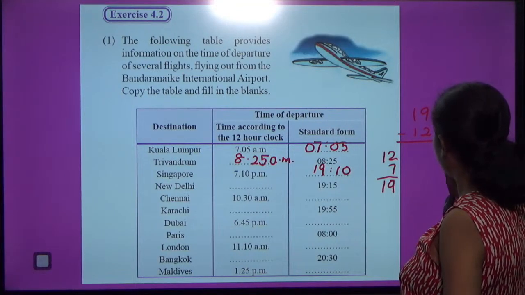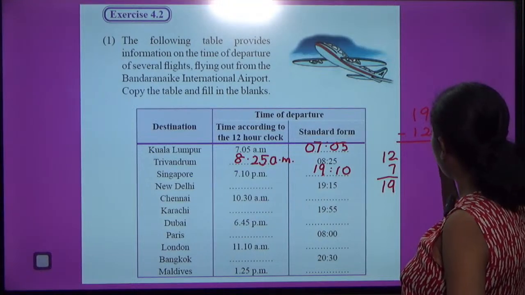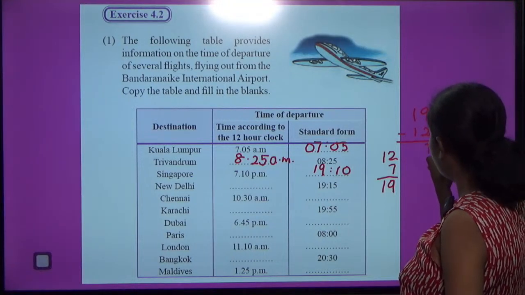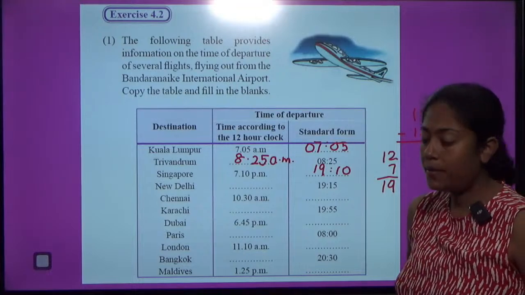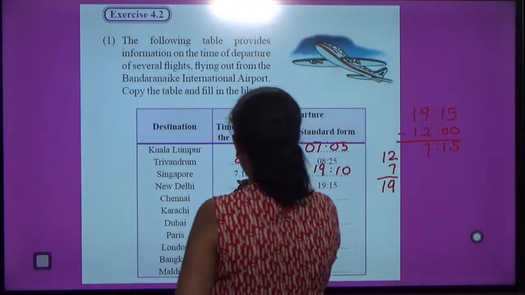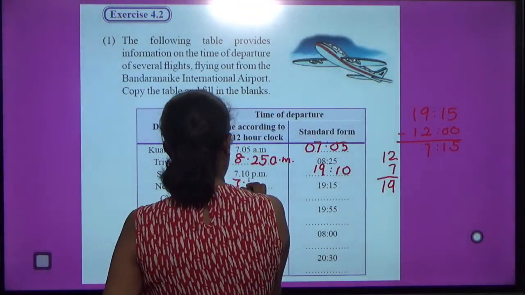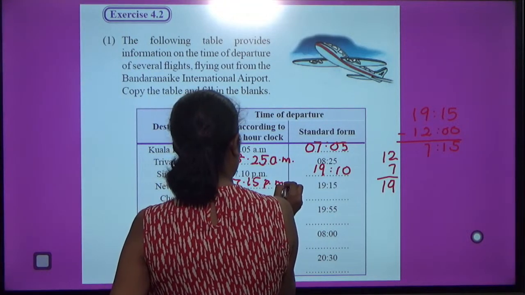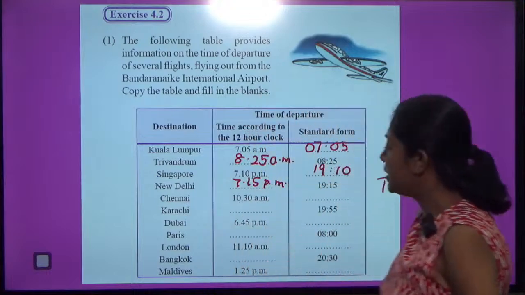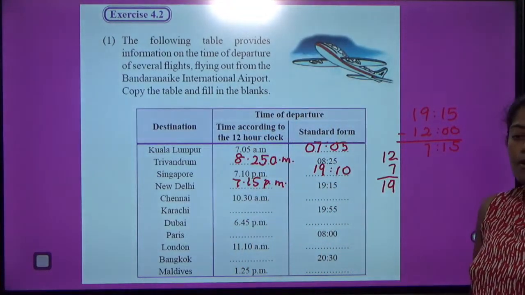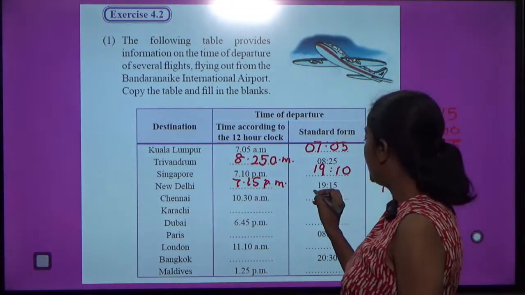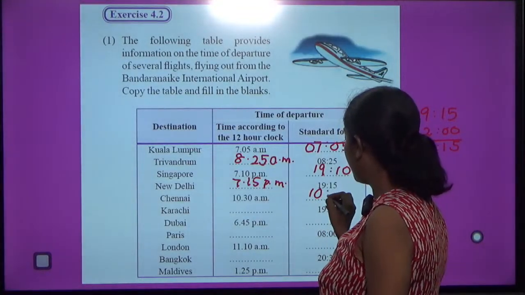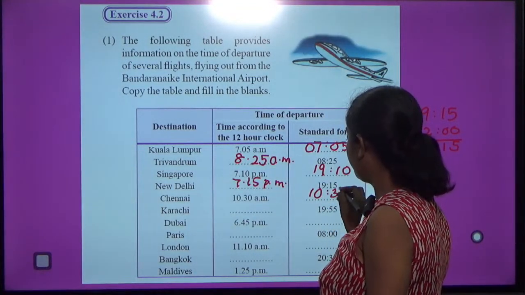Here 15 is remaining same. 9 minus 2, 7. Then time is 7:15 PM. Next one 10:30 AM. So you have to just write same value 10 double dot 30.